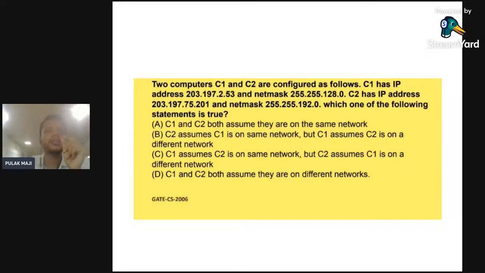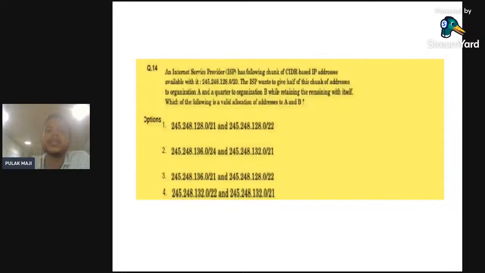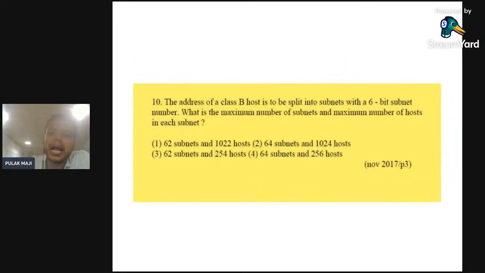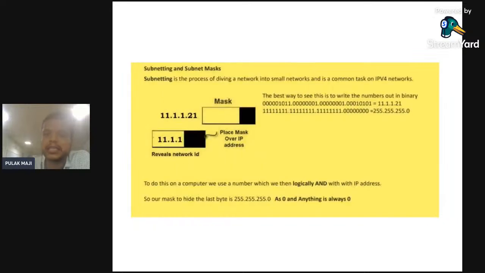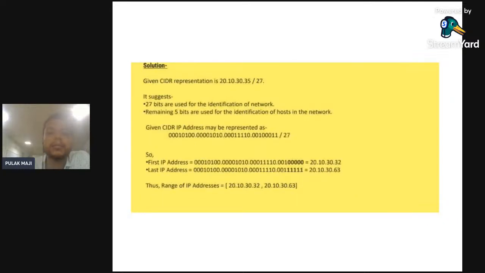So 27 means 27 bits are used for the network ID. First 8, 8, 8 gives 24 bits. Now we need 27 and we already have 24, so 3 more bits are required. I have to borrow these 3 bits from the last octet.